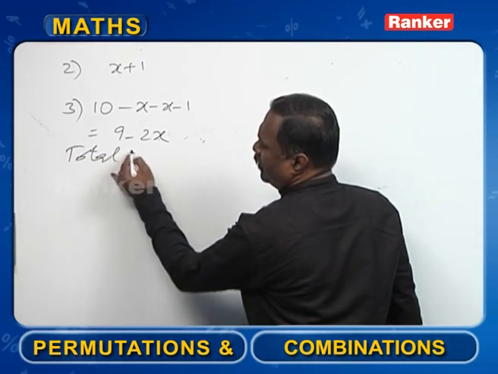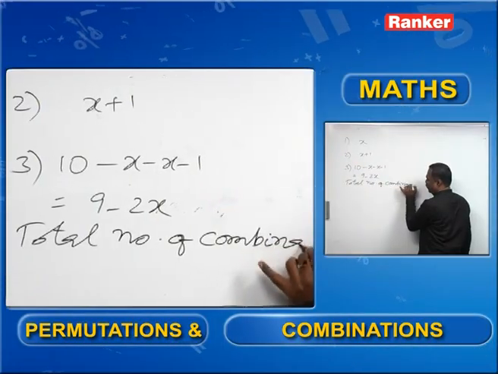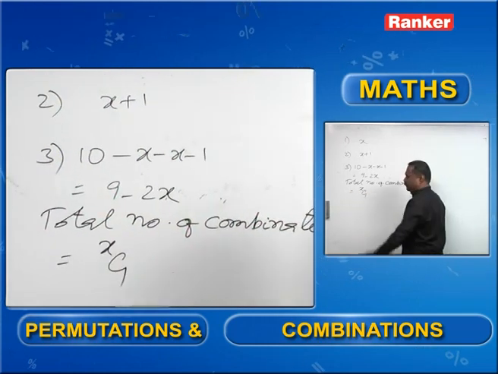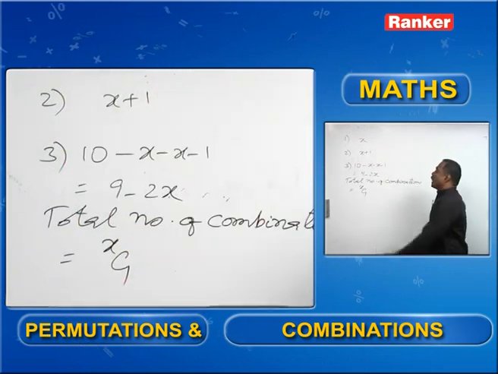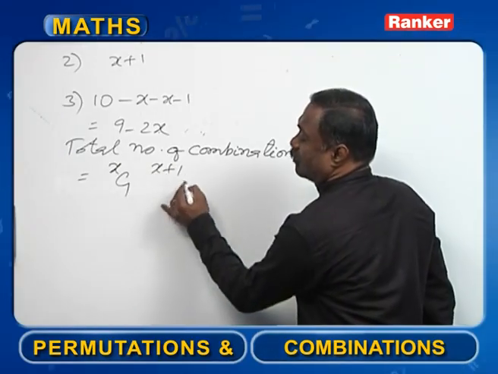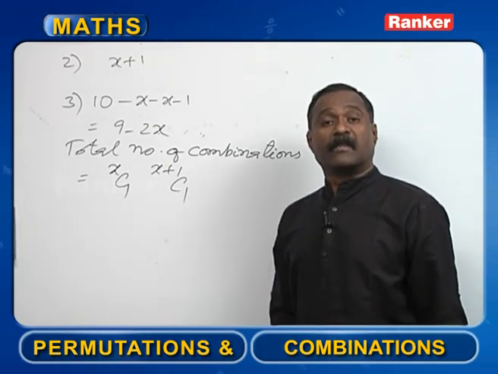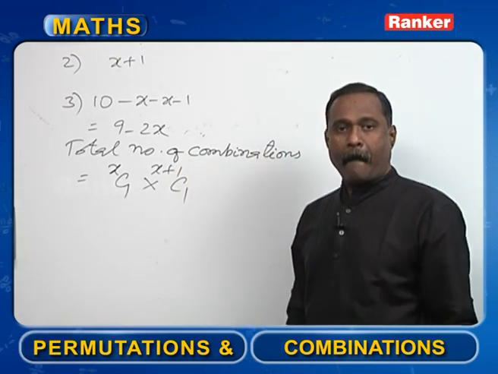Total number of combinations should be like this. X C1, 1 child chosen from X children, and 1 child chosen from X plus 1 children: X C1 into X plus 1 C1. They may quarrel with each other.